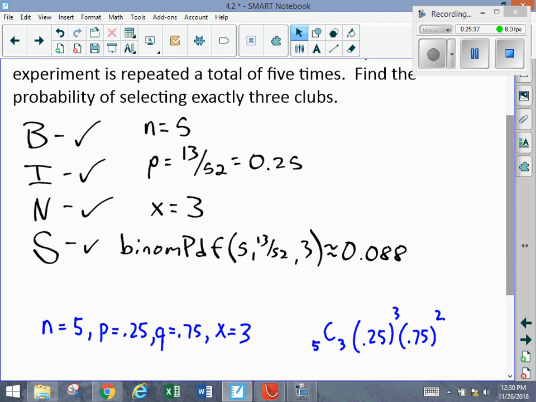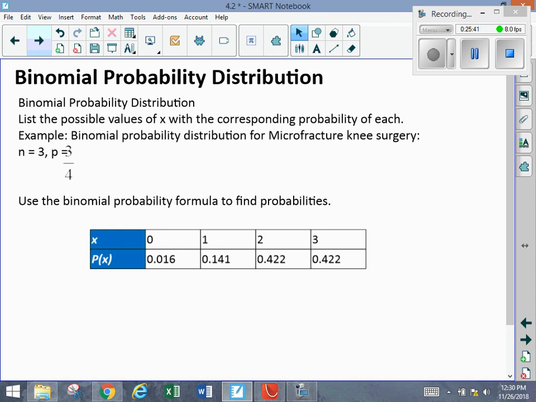All right. Here we go. So let's talk about a probability distribution. So this is our microfracture knee surgery. And how was this calculated? I mean, how did you get this thing, right?